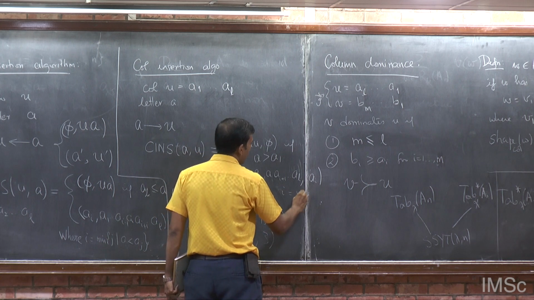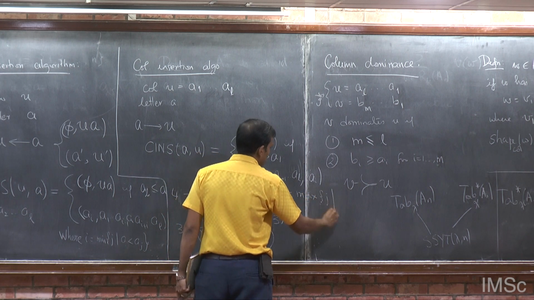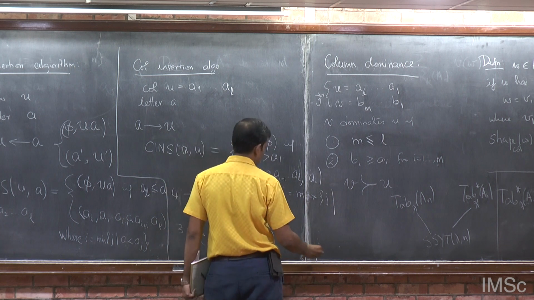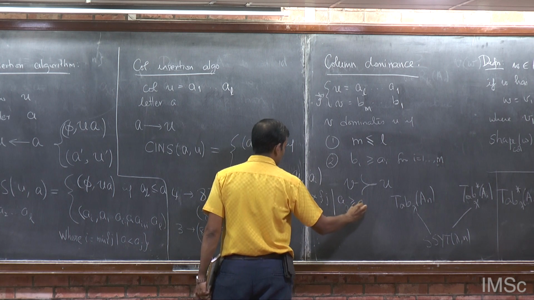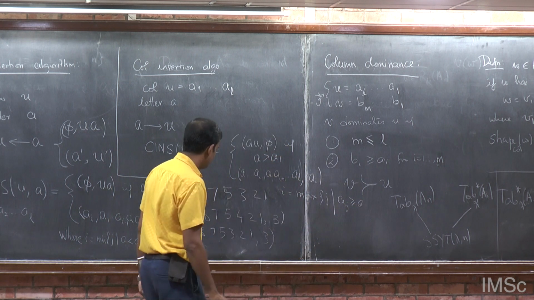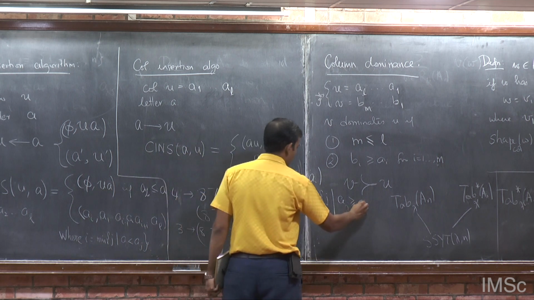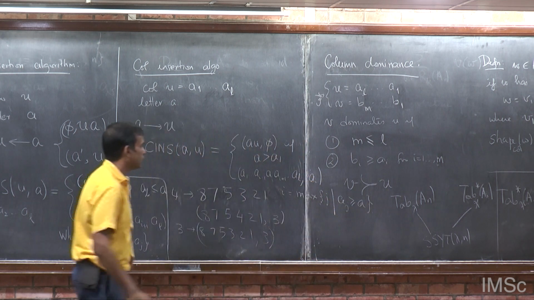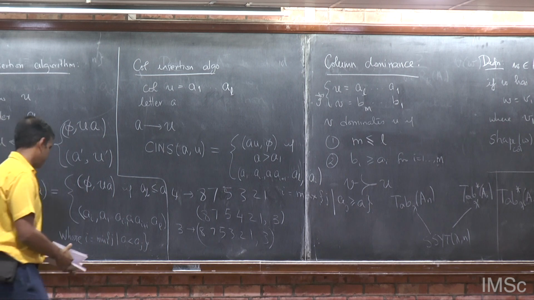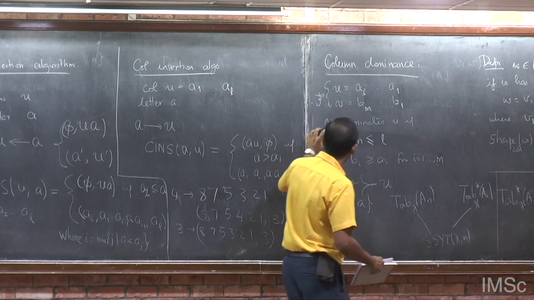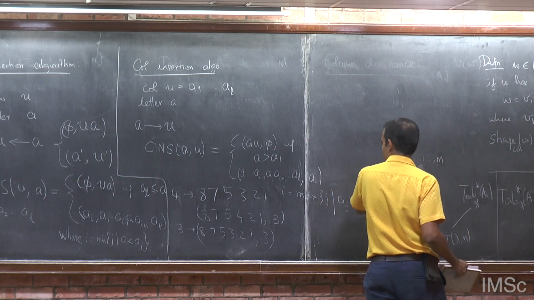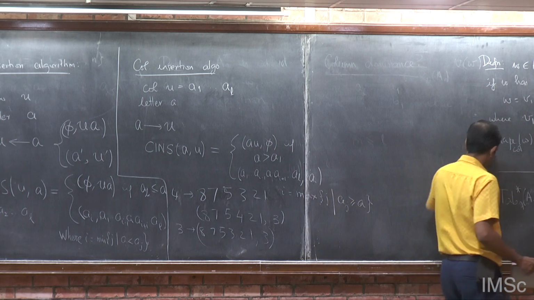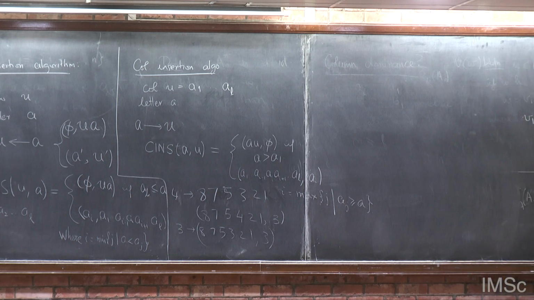So, I equals max j such that A j is greater than or equal to what? Let us do an example. Okay. So, let us take those 2 words I had earlier and do this.